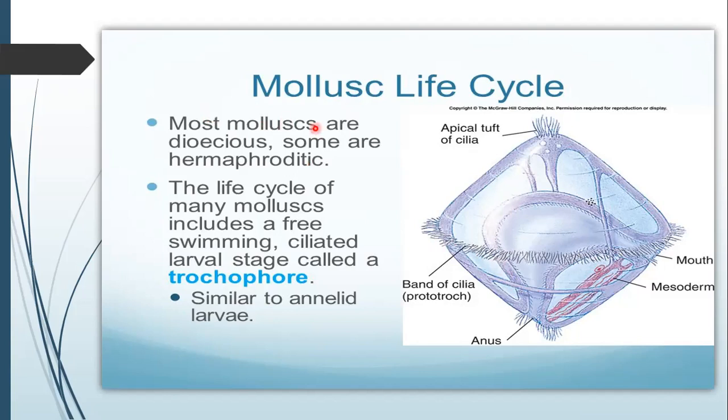So most mollusks are dioecious, some are hermaphroditic. Dioecious means sexes are separate, and hermaphroditic means both sexes are present in one organism. The life cycle of many mollusks includes a free swimming ciliated larval stage called trochophore. So please keep this in mind: mollusks have trochophore larvae.